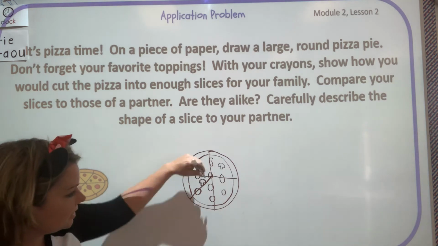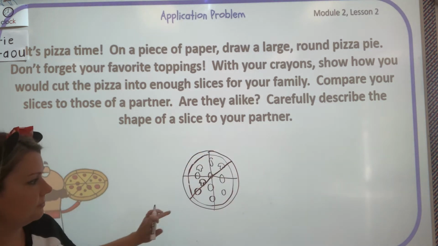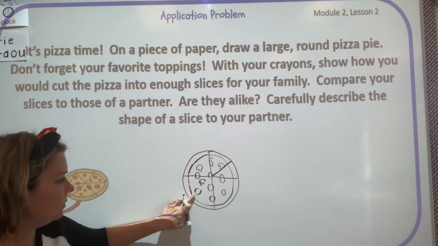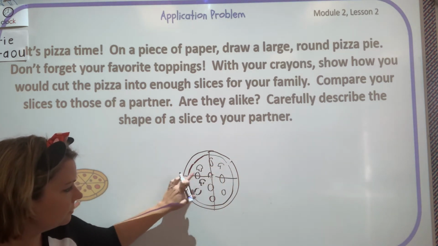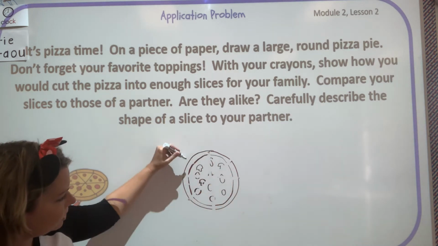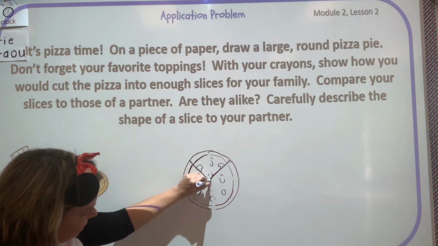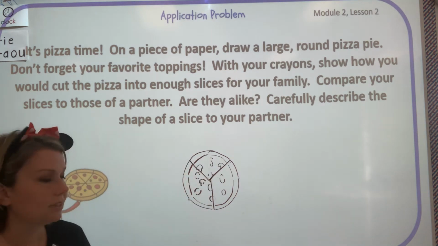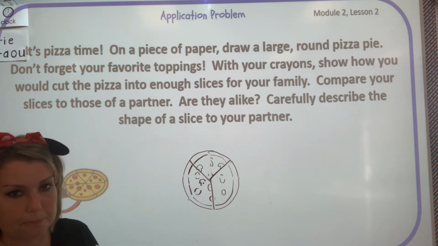If you have 6 people, you might divide your pizza like this. If you only have 3 people in your family, you might divide your pizza like this. So it just depends on how many people are in your family.